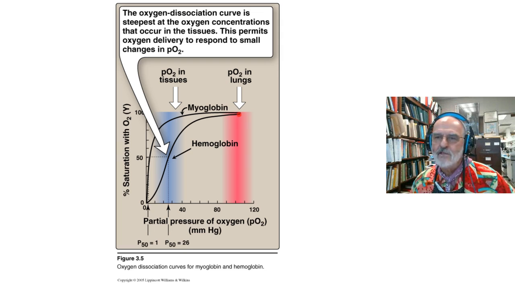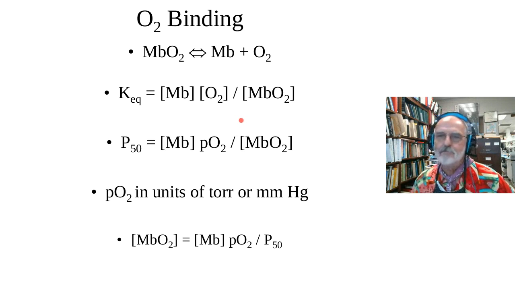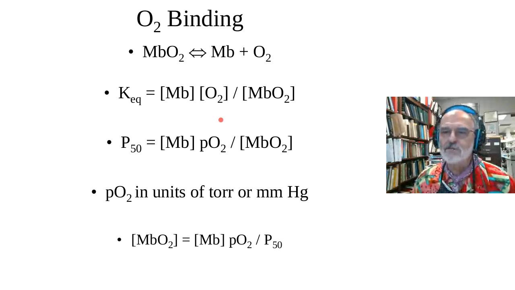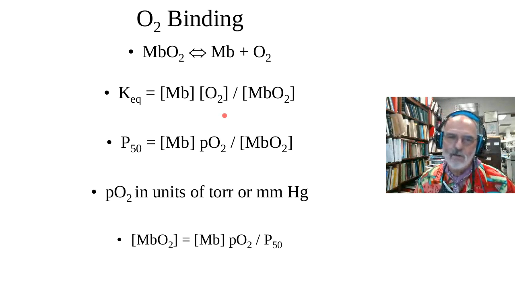The saturation is 100% at the lungs, and then as you go to the tissues and lower concentrations of oxygen, it begins to dissociate more and more of that oxygen, okay? So if we get down into the 20s, 26 is the midpoint, you're beginning to dissociate, approaching 80% of the oxygen, okay?